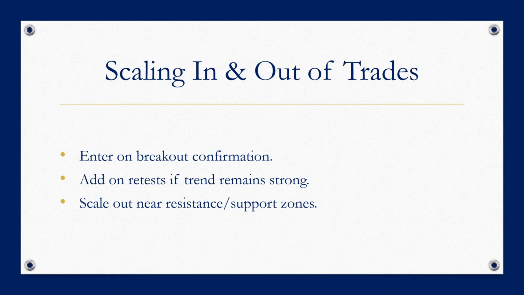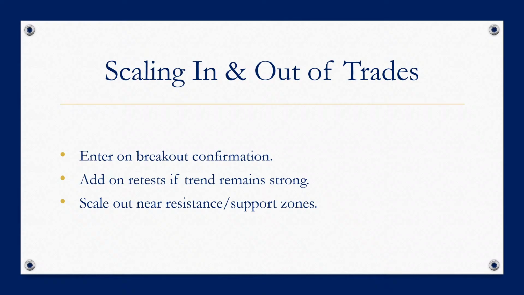Scaling in and out allows you to add to winning trades while scaling out helps secure profits. So in the example of a breakout, an ascending triangle breakout, you take the breakout, but if you get an immediate retest of support, you can add to your position on the retracement off of that support level. Your profit target is reached.